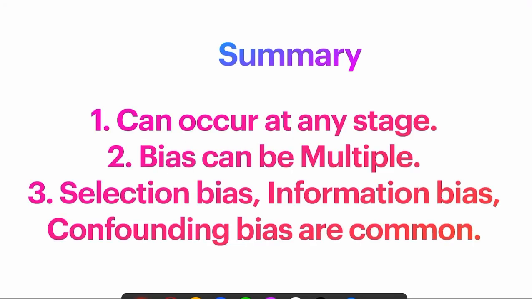Bias can be multiple, that is more than one bias exists in any research. Third, while selection bias can be minimized by good eligibility criteria and randomization, information bias can be eliminated by blinding. Confounding bias can be eliminated by randomization, matching, restriction, and most commonly by stratified analysis. Being aware of these biases and the techniques to eliminate them will help us to do better research or bias-free research.